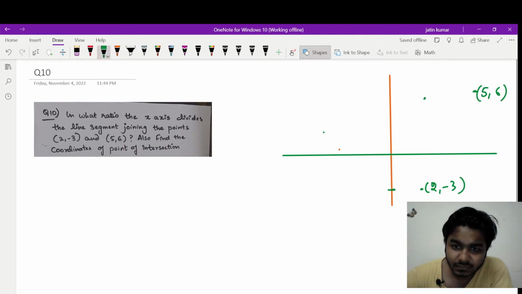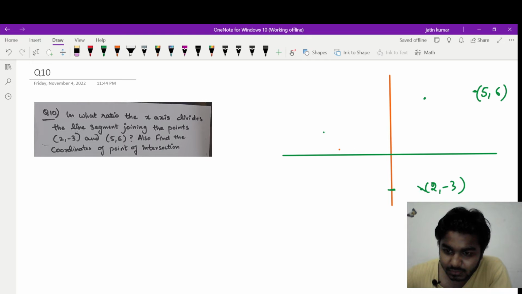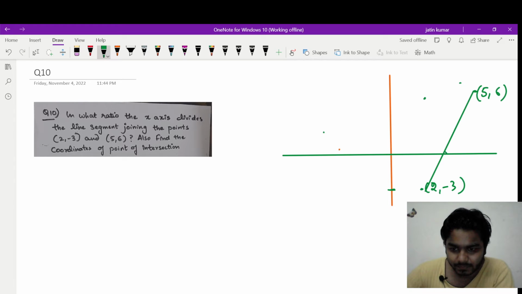Now can we draw this line? If we join these points, it will cut the x-axis at some point, and the coordinates of that point will be (x, 0). In what ratio does the x-axis divide the line segment?